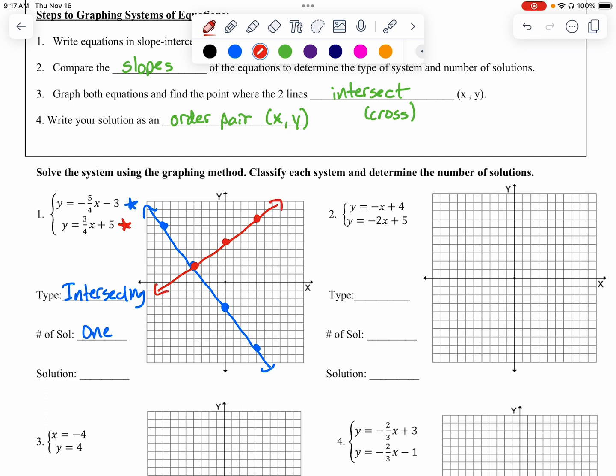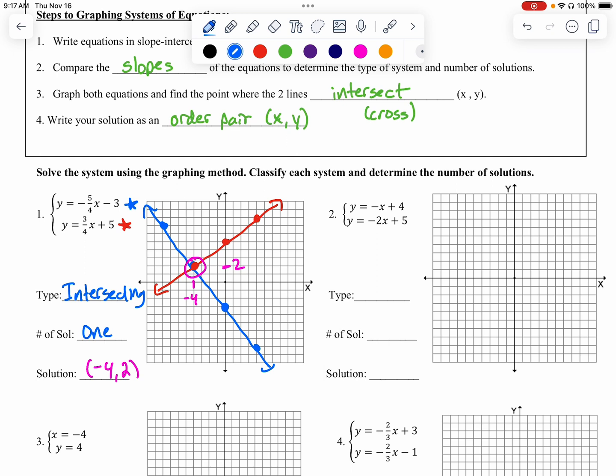Because that point where they crossed, that is their solution. So that is at the point 1, 2, 3, 4. So we went -4 and then +2 to get to that point. So right here, -4, up here, +2. So that's the point that is the solution. So if I were to plug -4, 2 into both of those equations, it would work for both of them.